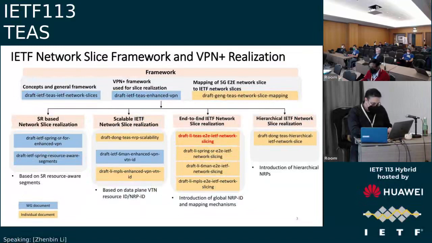And the draft for encapsulating the VPN and the VPN ID in the IPv6 data plane has been adopted by the working group. So I think this is also the base for us to move on to the end-to-end IETF network slice realization. This is the framework draft.